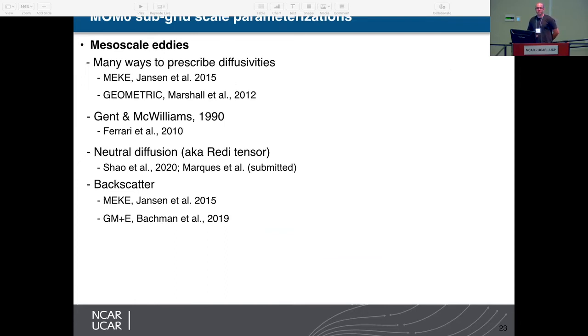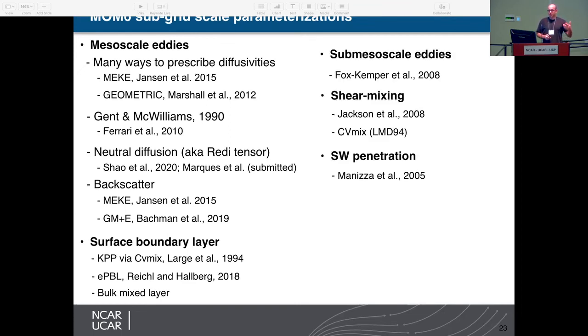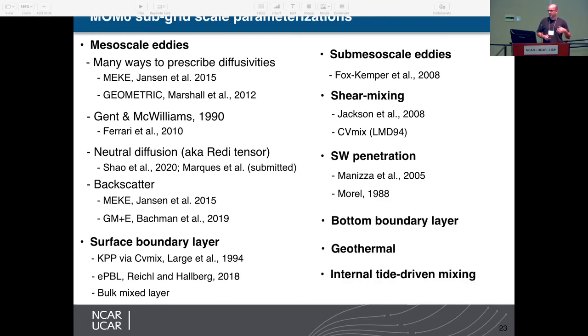Now moving to the choices of parametrizations in MOM6. I will not go into details. I'll let you read afterwards, and then Peter will cover the parametrizations in more detail. But we have a lot of choices for mesoscale eddies, the surface boundary layer, submesoscale, shear mixing, shortwave penetration, bottom boundary layer, geothermal, and internal tide-driven mixing.